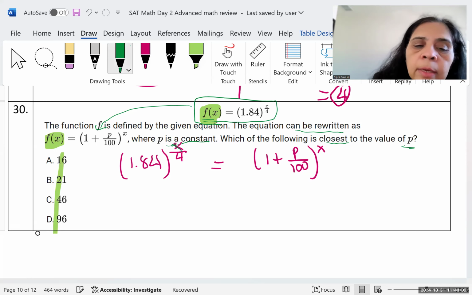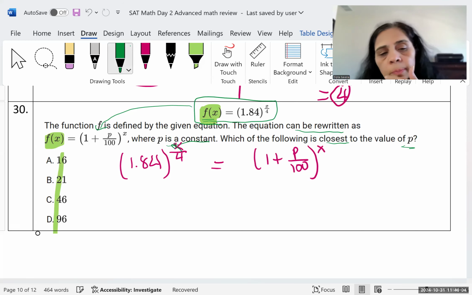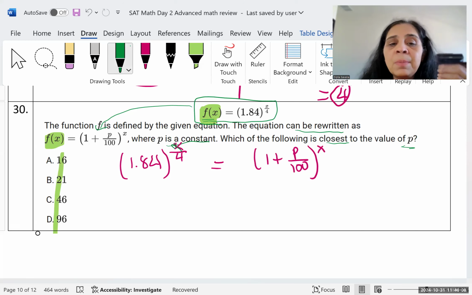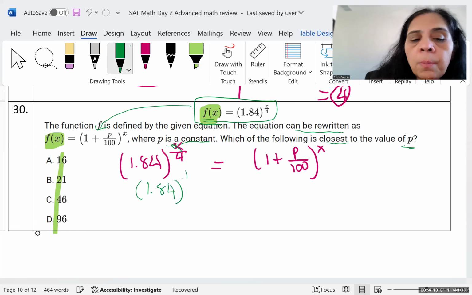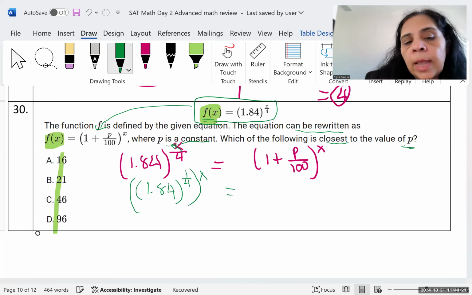If we have exponential equation, we will try to make same exponent, right? So that's what we can try to do. We can rewrite this as 1.84 power 1/4 to x. So that's what we can write.